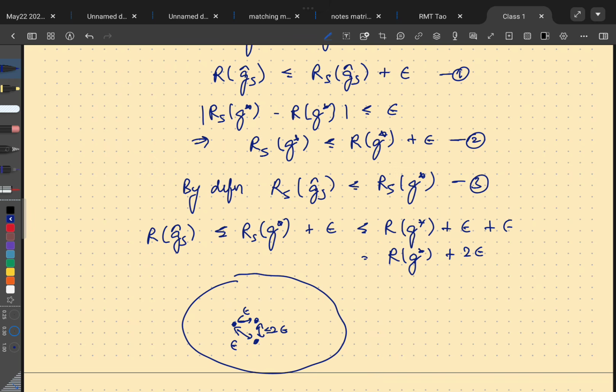It can't be any more than 2 epsilon. And that's the basic principle. But of course we also needed this little fact, that the ERM was the one that minimized the empirical risk. So it takes a while to get it conceptually. There's nothing terribly complicated about it. You just have to think about it just a little bit.